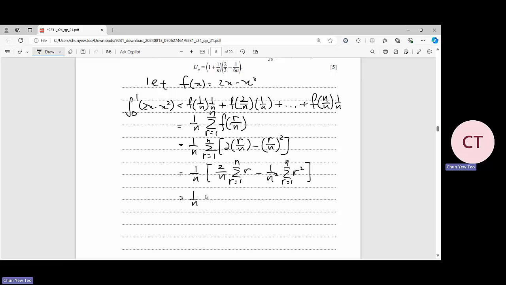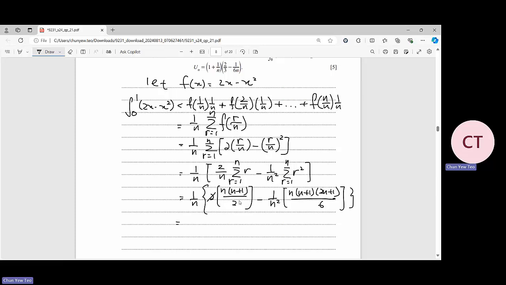So over here, sum of the r is n plus 1 over 2. Then the sum of the r squared, this one, it will be n plus 1, 2n plus 1 over 6.